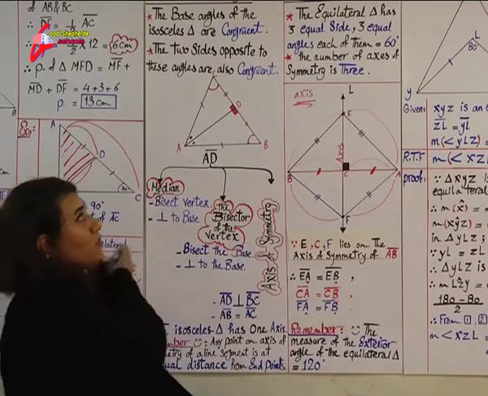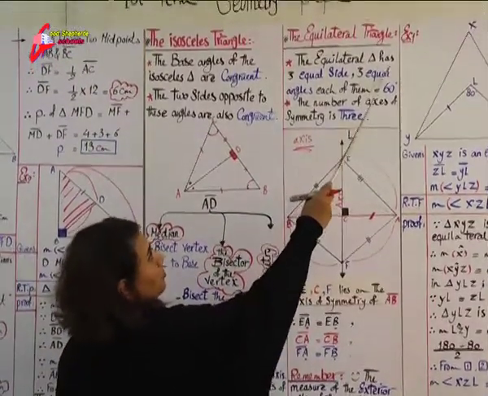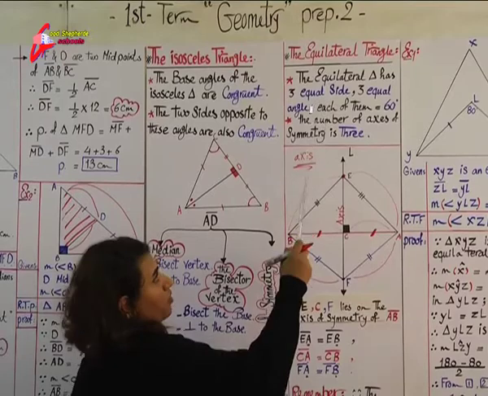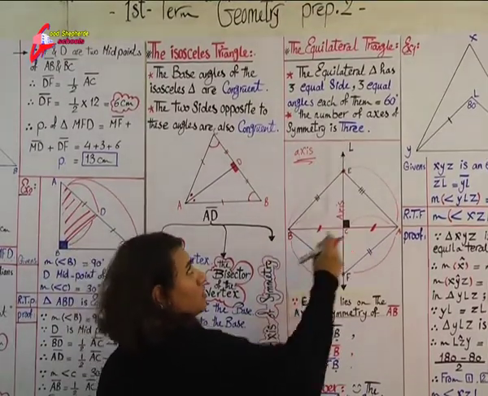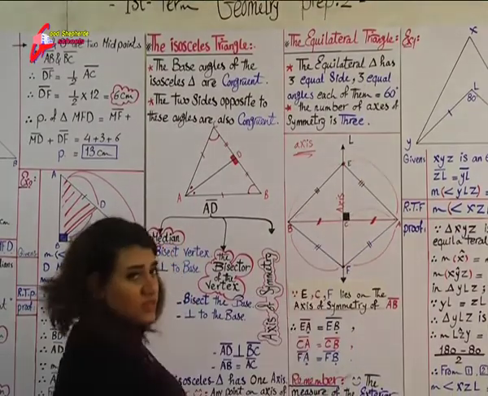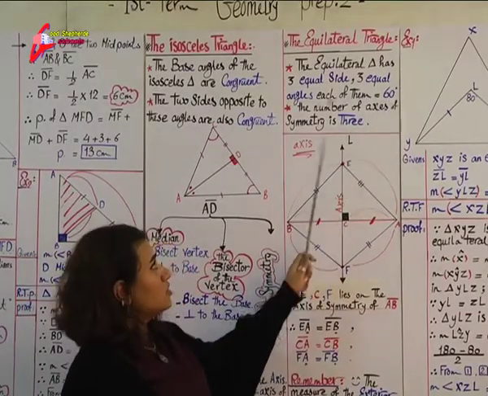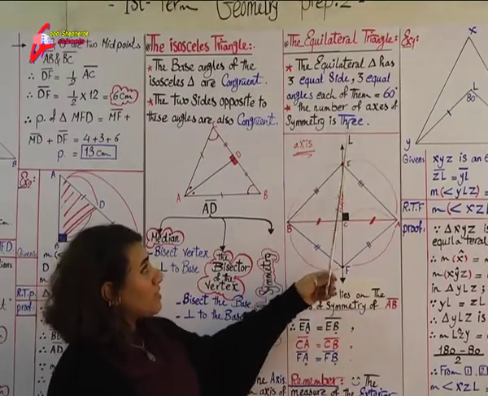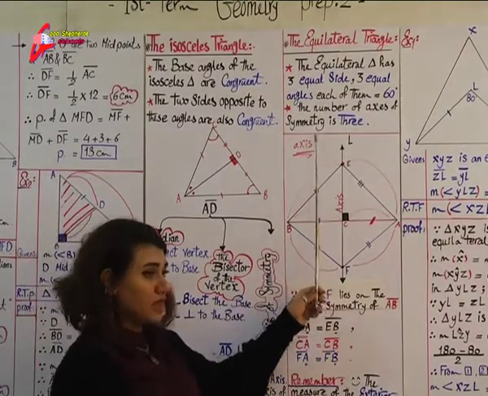I need you to remember that the equilateral triangle has 3 equal sides, 3 equal or congruent angles, and all of them equal 60 degrees. 180 divided by 3 will be 60 degrees. And the number of axes of symmetry, because they are all equal in length, will be 3 axes of symmetry.